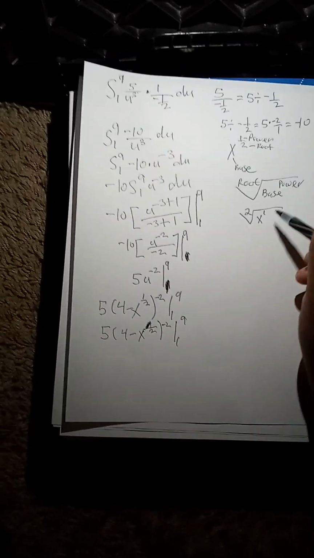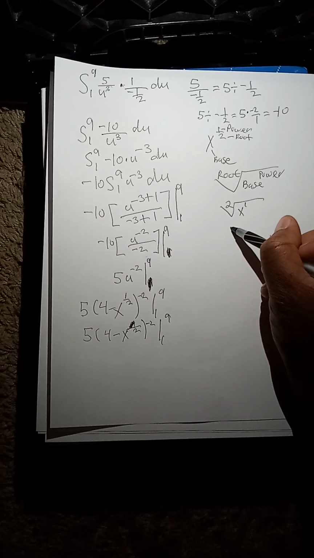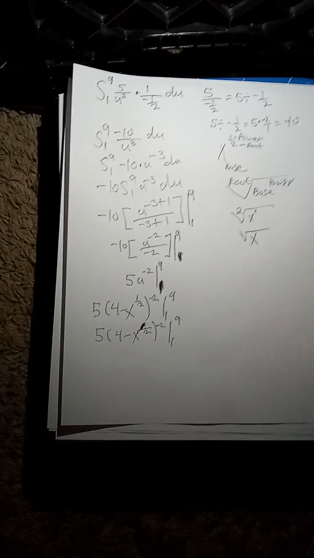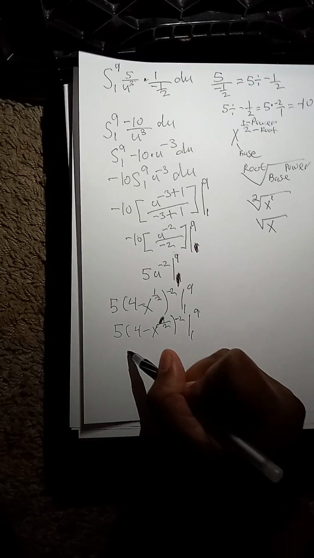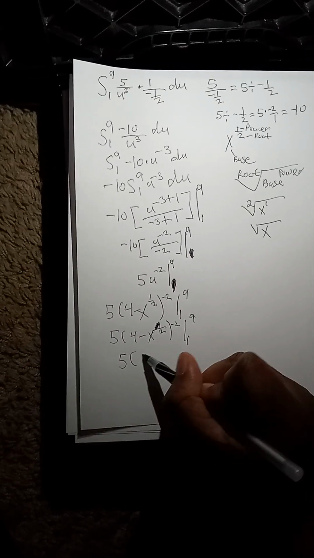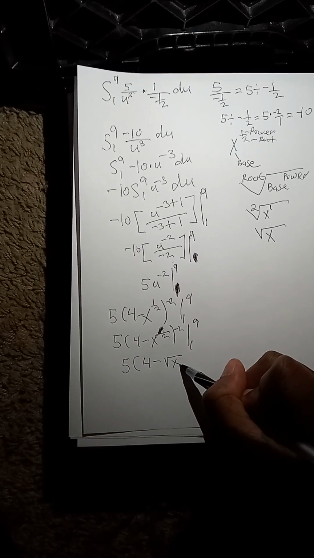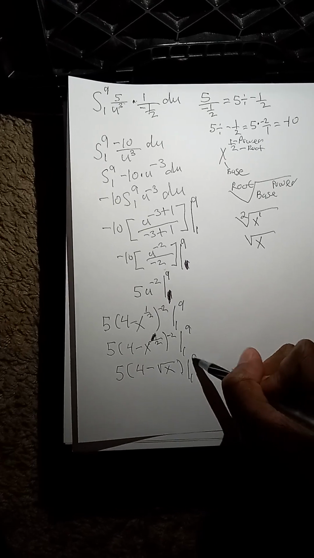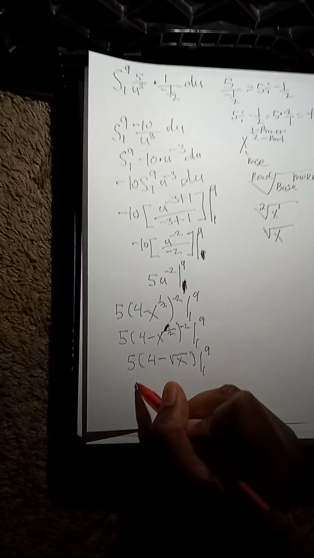The square root is the only root where the index can fall off, so we'll just write x to the 1 as x. And so 5 times 4 minus the square root of x, from 1 to 9.